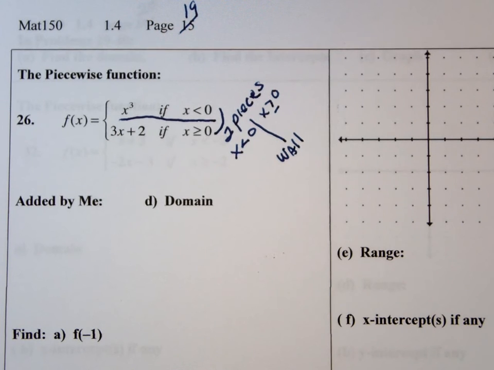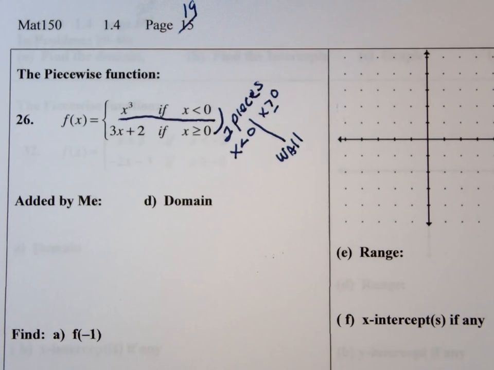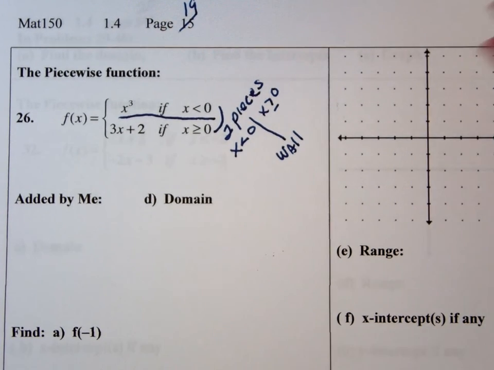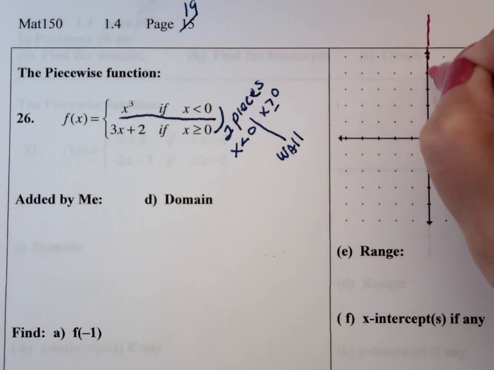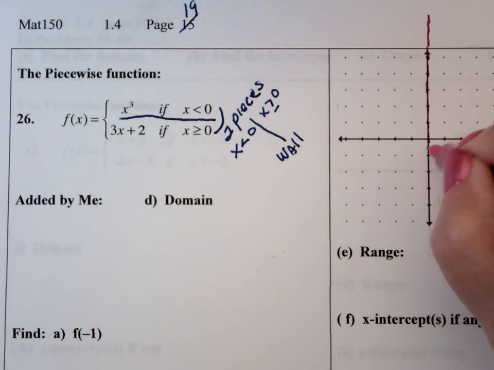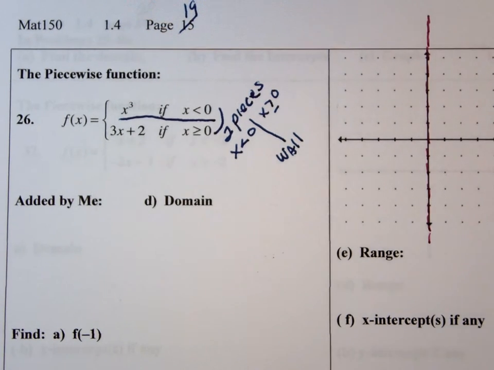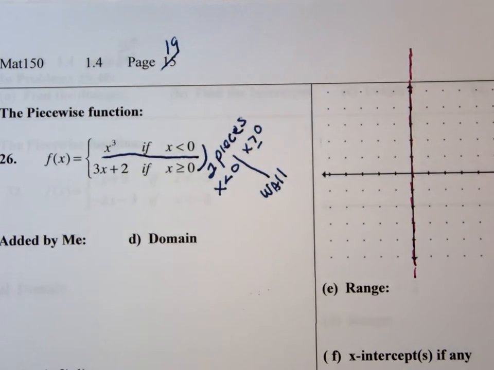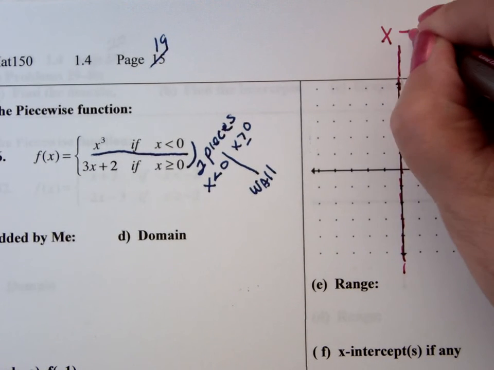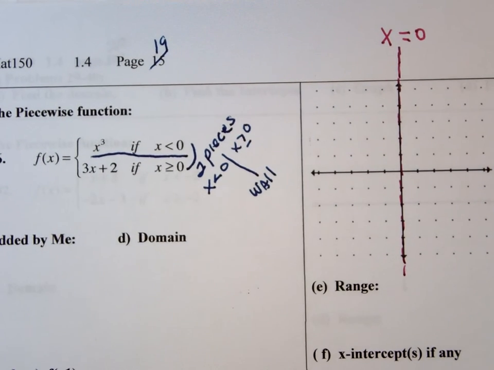So the first thing that I'm going to do when I go to do one of these graphs is put in the wall. And the wall is x equals 0.